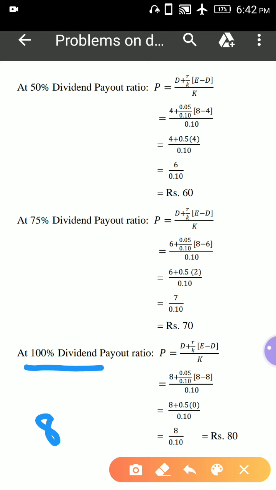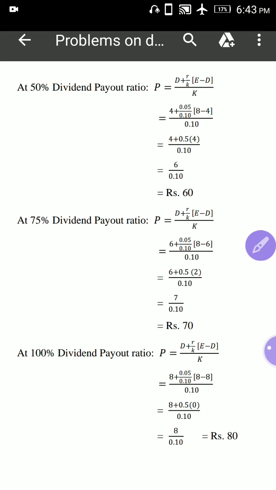Now at 100% dividend payout ratio, the dividend will be 8 rupees. 8 plus R value 0.05 divided by K 0.10 into E 8 minus 8, divided by 0.10. That is 8 plus 0.05 divided by 0.10, which is 0.5 into 0.